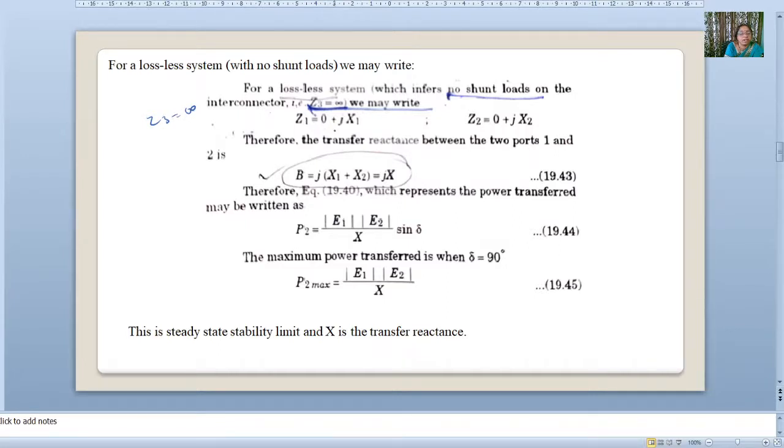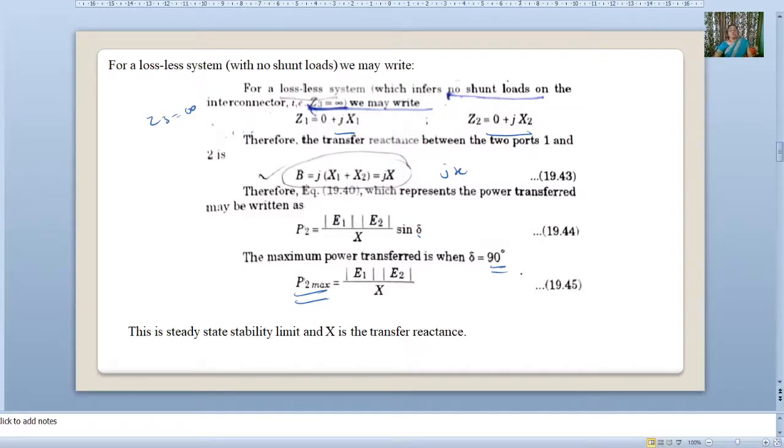We may write R is 0, so Z1 is 0 plus jX1, Z2 is 0 plus jX2, and B is j(X1 plus X2), so it is jX. So P2 is E1 into E2 by X into sine of delta. So maximum power is E1 into E2 by X when delta is equal to 90 degrees.